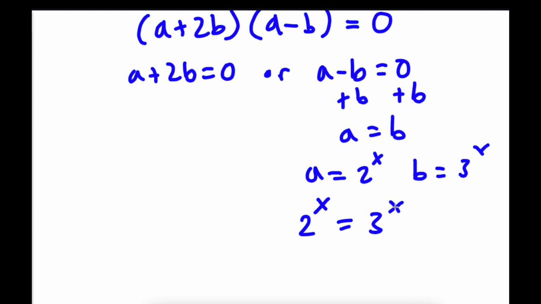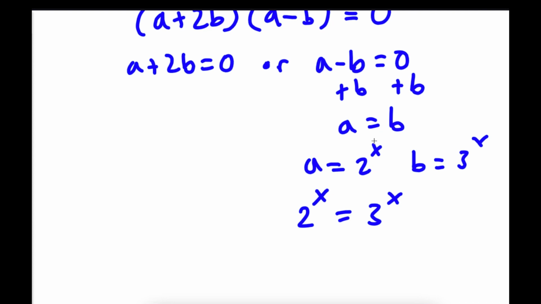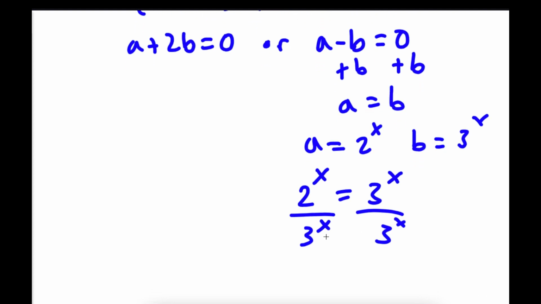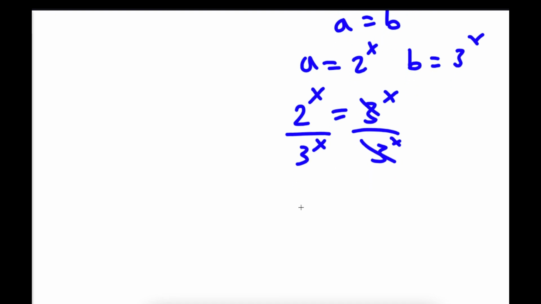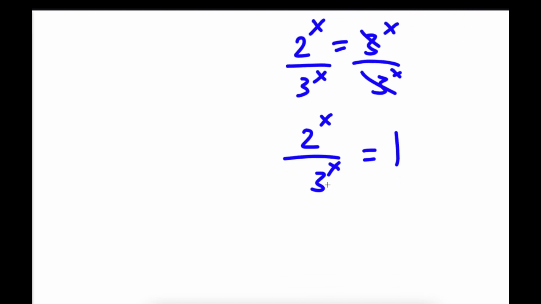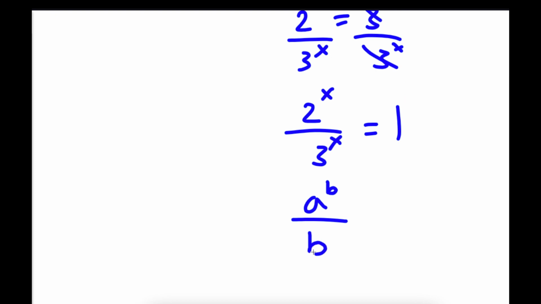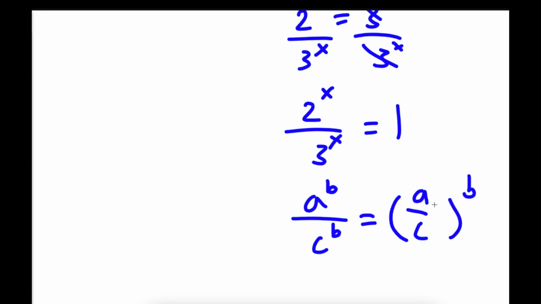And now if I divide both sides by 3 to the power of x, these two will cancel out, and I will have 2 to the power of x over 3 to the power of x is equal to 1. And if I have something in the form a to the power of b over c to the power of b, this is the same thing as a over c to the power of b.